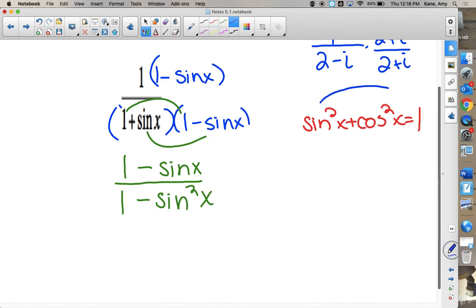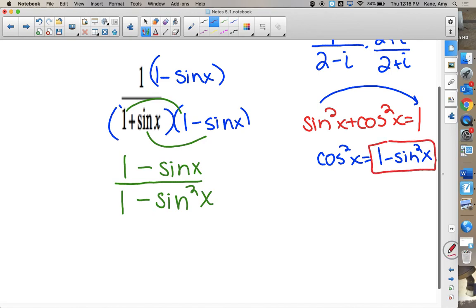So, if we take this sine squared to the other side, cosine squared is 1 minus sine squared. So that identity, the Pythagorean identity, can be rearranged. They're called equivalent statements. So instead of having 1 minus sine squared, we're just going to take this out and replace it with cosine squared.